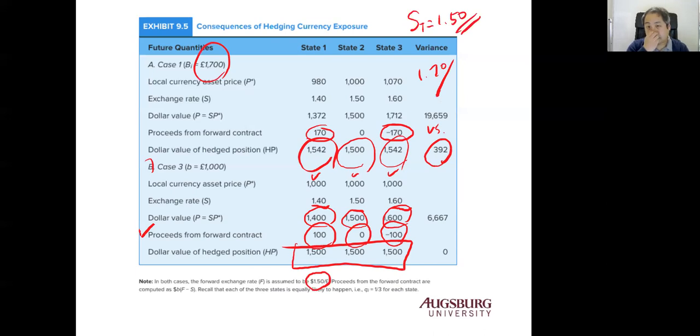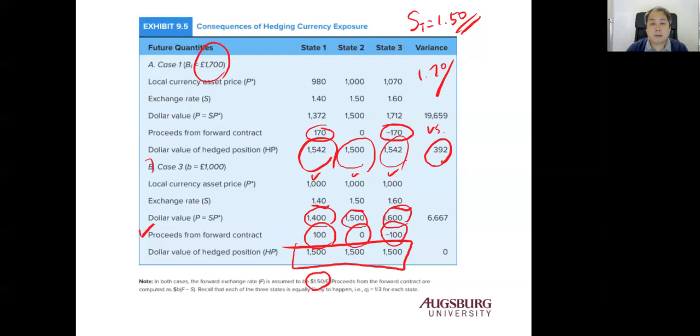So the good thing is that you should actually hedge, because you can reduce the risk. You can reduce the exposure. So to reduce the exposure, you have to hedge, even though it does not completely solve the problem.